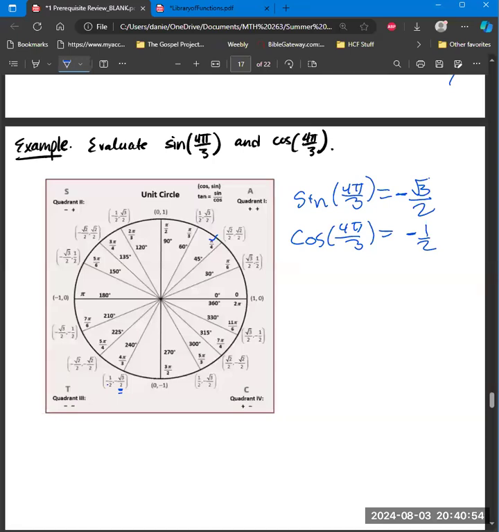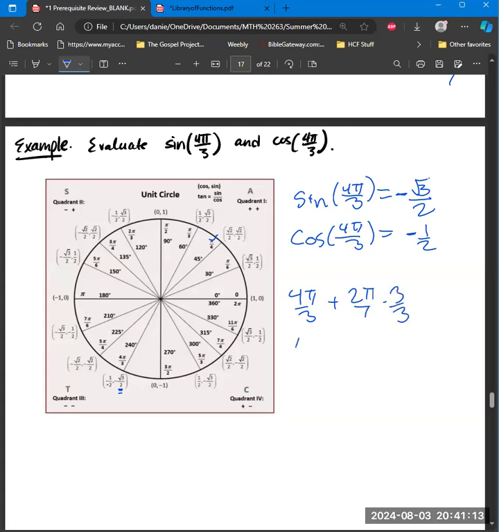If we wanted to find angles that are, say, coterminal, we might want to say, what's 4 pi over 3 plus 2 pi? That's over 1.